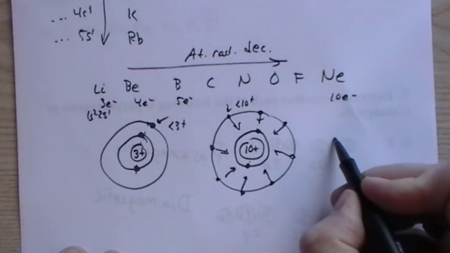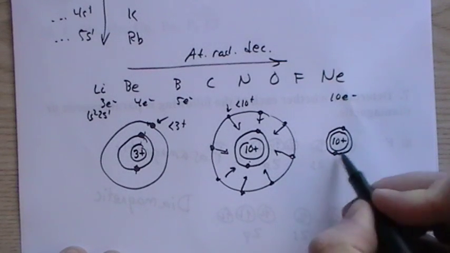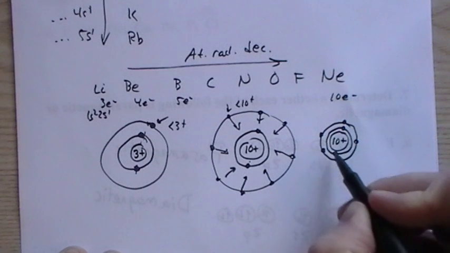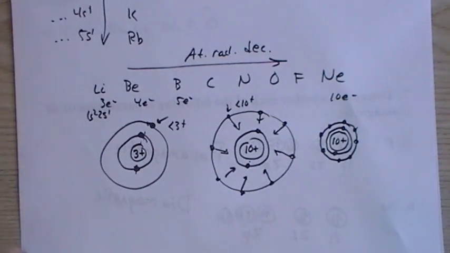So for neon, you have that +10 charge. You have these 2 electrons that are very close to it. And then you have these other ones that, even though there are more electrons, are all in the same level. They don't get in each other's way, and they get pulled in closer because of that higher effective nuclear charge.